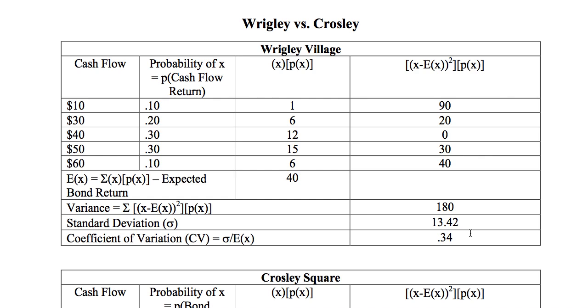The coefficient of variation is simply the standard deviation, in this case 13.42, divided by 40, and that gives me a coefficient of 0.34.